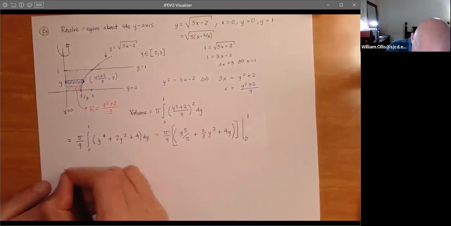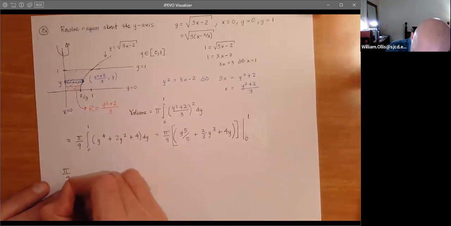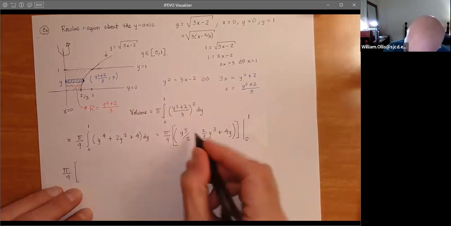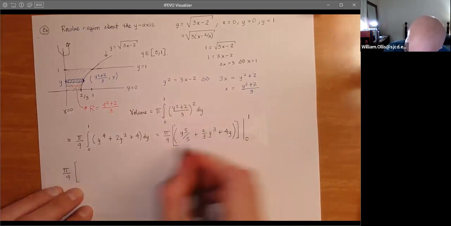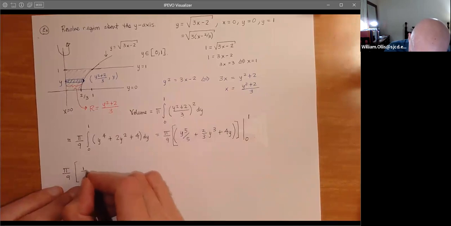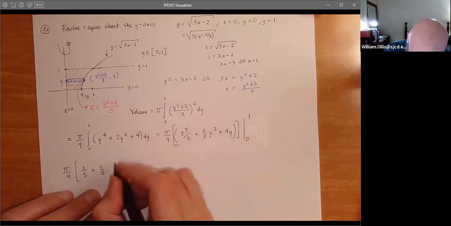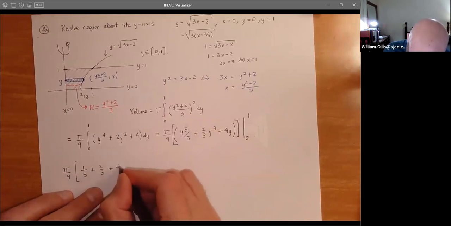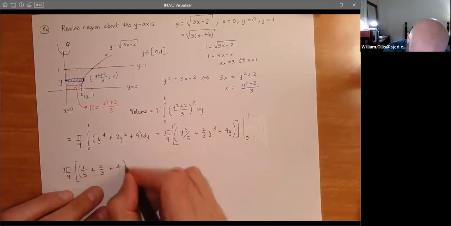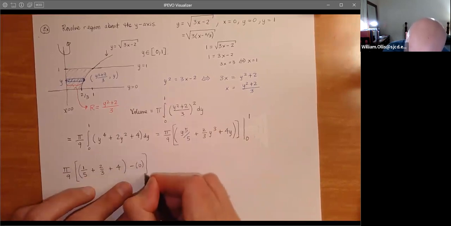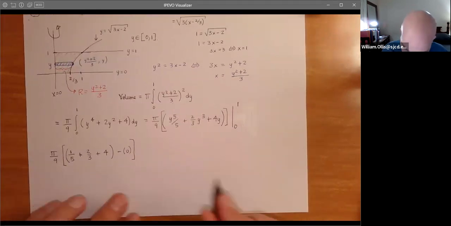So now we have pi over 9. Now we can substitute, and I'll put in the 0 this time. So the 1s here give us nice 1s. So we get 1/5 plus 2/3 plus 4. And then, of course, all the other terms will just be 0. So that's where I needed the 0. I didn't want to do it too soon.